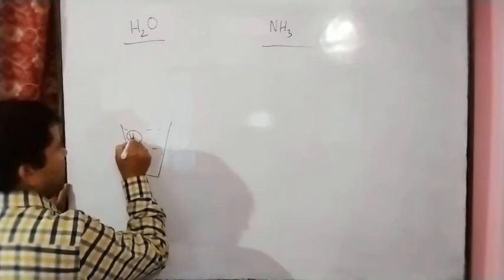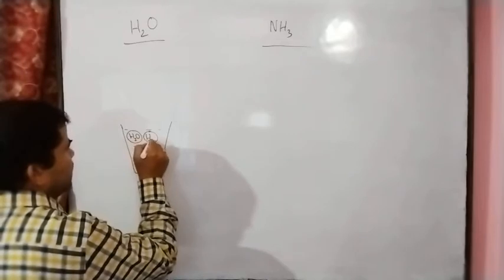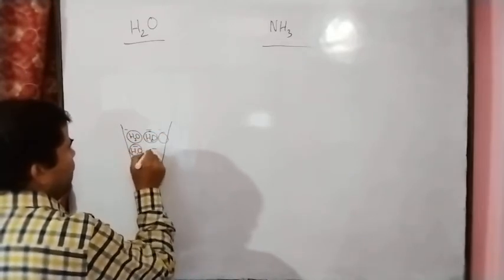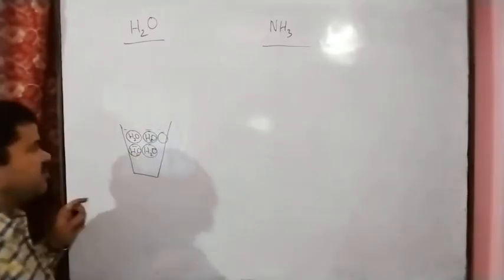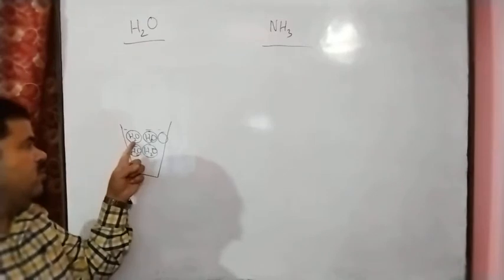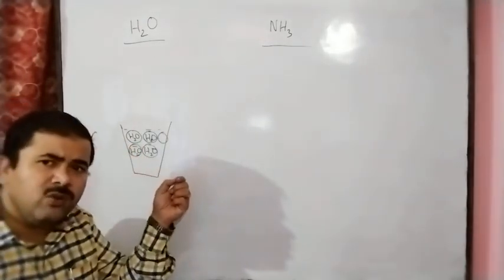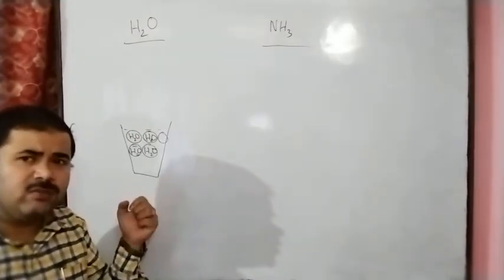Each molecule of water is made of two atoms of hydrogen and one atom of oxygen. In this one glass of water, each molecule is made of two atoms of hydrogen and one atom of oxygen. Everywhere in this water sample, each molecule of the water compound is made of two atoms of hydrogen and one atom of oxygen, present in a fixed ratio.